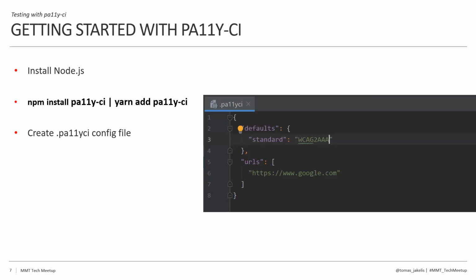By default, Pa11y CI will look for a .pa11yci config file in the root of a website, but it's also possible to set it to a JavaScript file, or to have a custom location for our config file, which can also be set in the config where to look for that file.